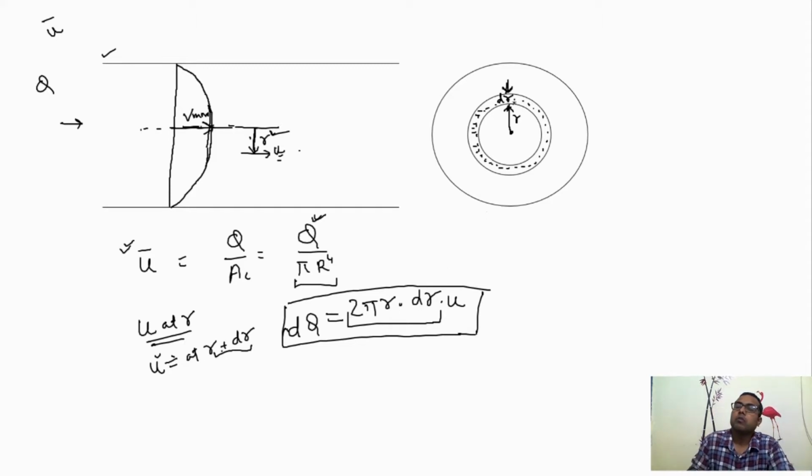So for getting the discharge from the whole cross sectional area, we have to integrate this term.